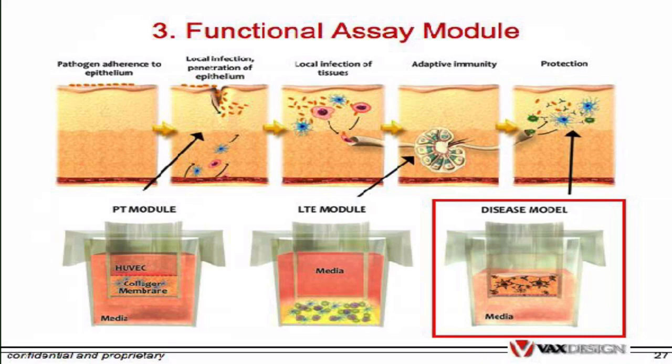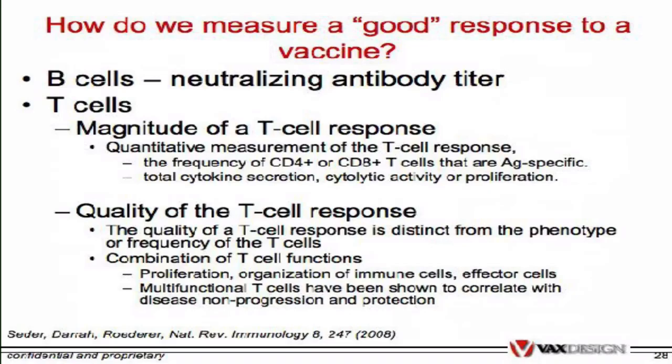But if you have any questions about this, I would be more than happy to entertain them at any point in time. Simply put, when we look at B-cell antibody production, the easiest way for us to test that is: is it a neutralizing antibody? Is it an antibody that will effectively neutralize the pathogen of choice? And for T cells, the magnitude of the T cell response, we do a lot of CFSE labeling.